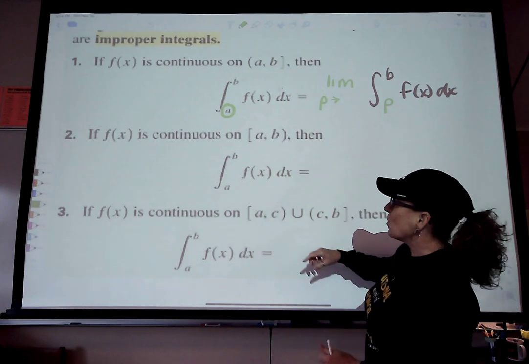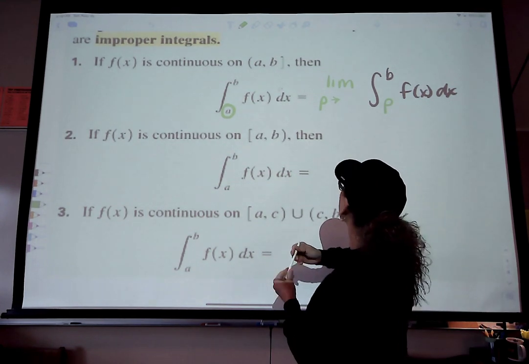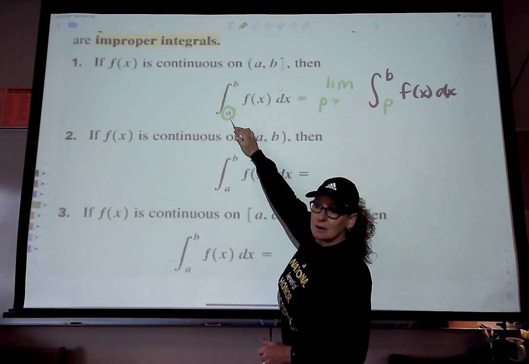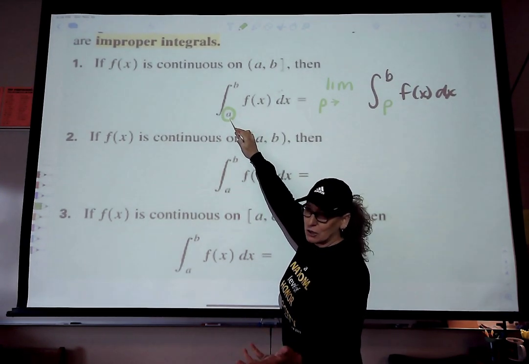We want P to get super, super close to A, but not quite actually attain the value.